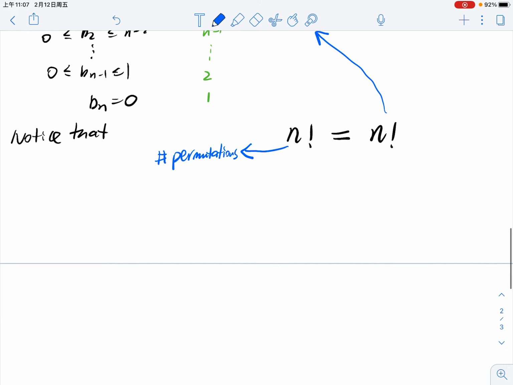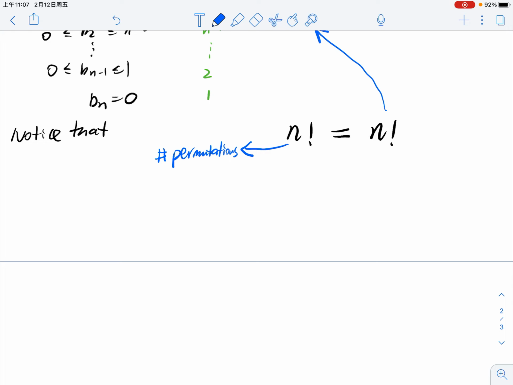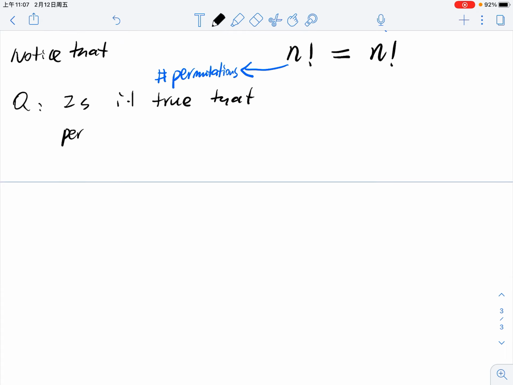Okay, then if you are brave enough, you can guess: is it true that permutations of 1, 2, 3, 4 all the way to m is bijective, or has a bijection to the inversions?